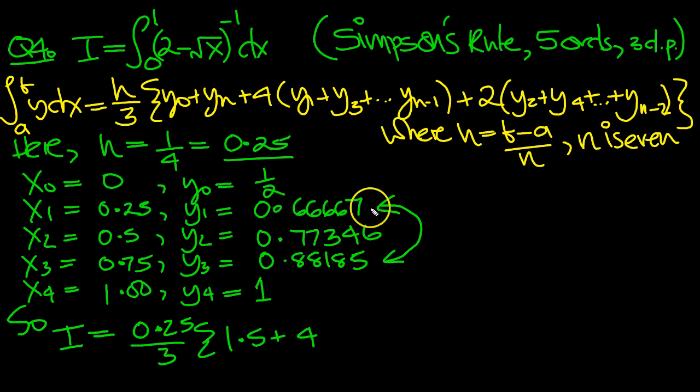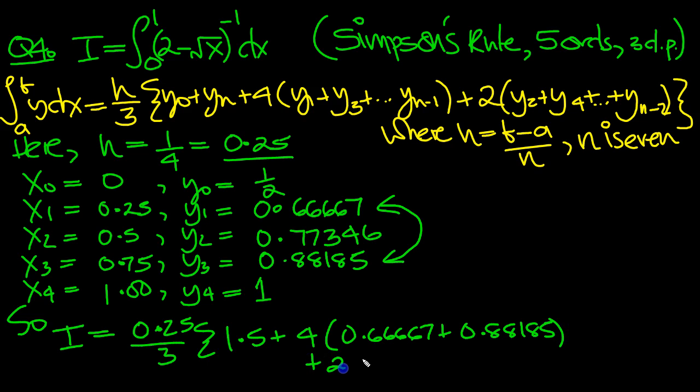We're excluding the first and the last, of course, so it's these two added up, first one and then the second one, plus 2 times the evens now. It's only one entry, so let's write that in as well, 0.77346, and then close the bracket at the end.